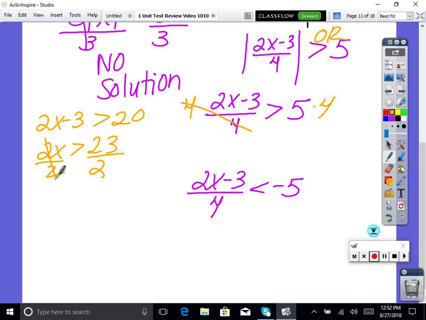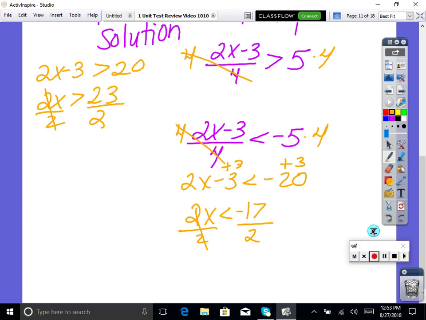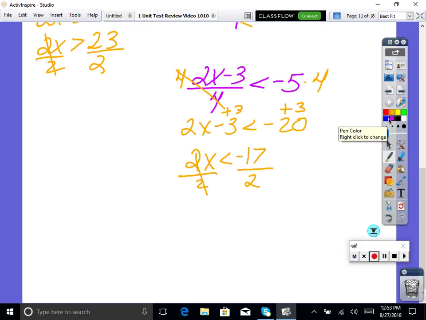Any x values larger than 23 over 2, and then right here we times by 4. So we have 2x minus 3 is less than negative 20. When you add 3, you have 2x is less than, add 3, we get negative 17, divided by 2, divided by 2. So either or, this is an or statement, so either or answer gets to come.